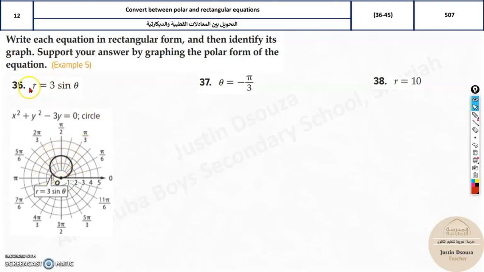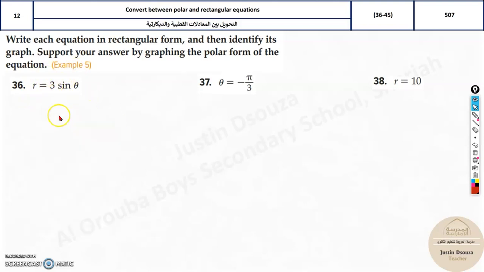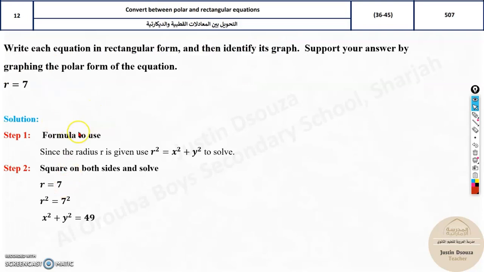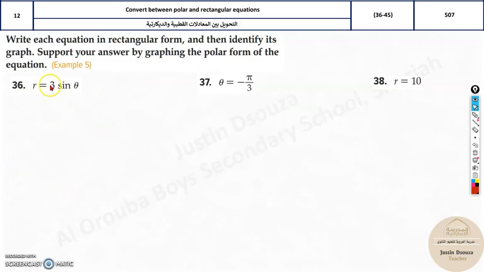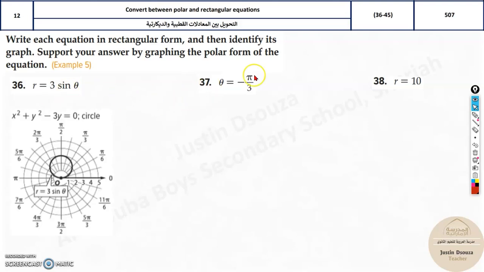Otherwise, you can just convert this to x squared plus y squared and solve it. Just as we did here, you can simplify this because r is there. Or instead of all that, remember this equation and simplify it. It's very, very easy.